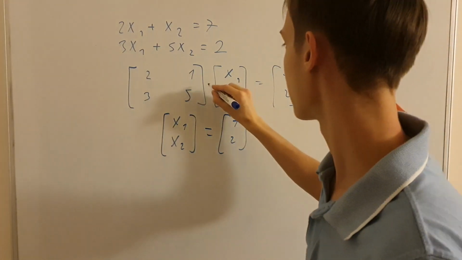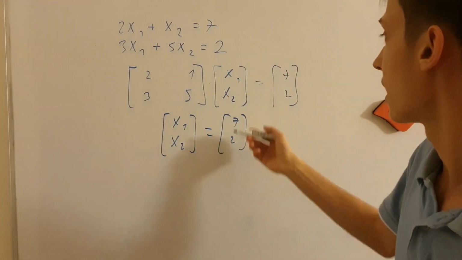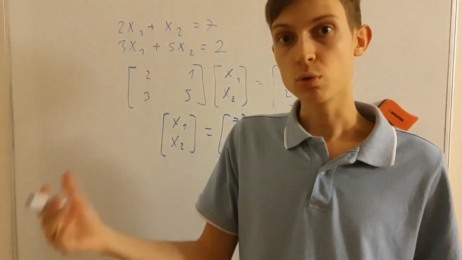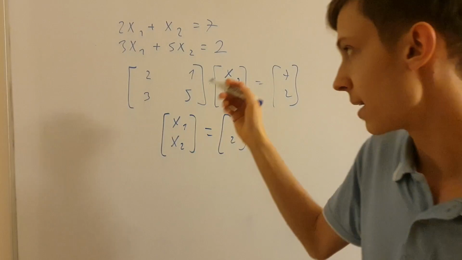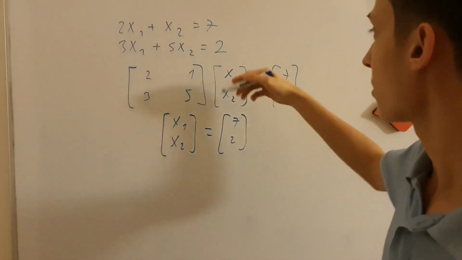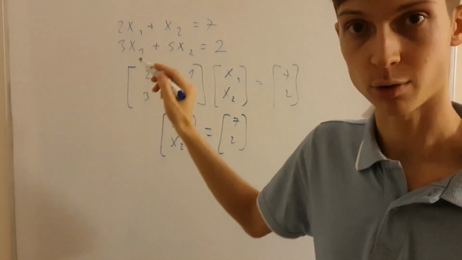Usually in algebra, if this is multiplied by this, well, that would mean that I would do 1 over this matrix. But the way to do this in matrix algebra is basically by multiplying both sides by the inverse of this matrix.